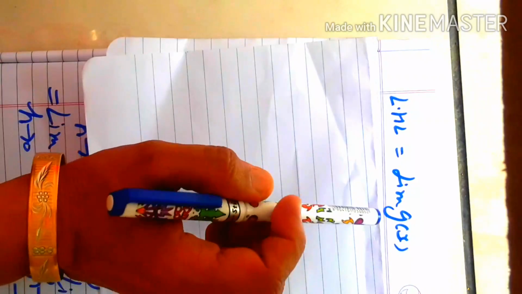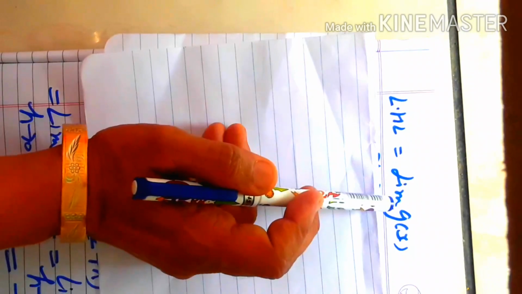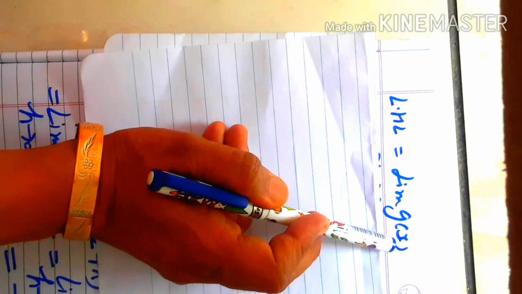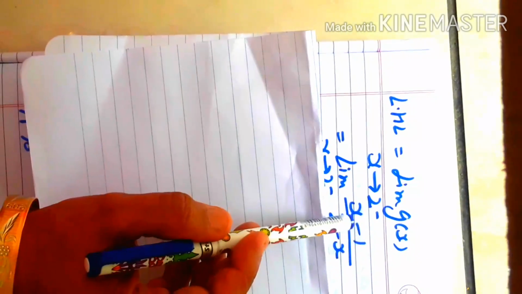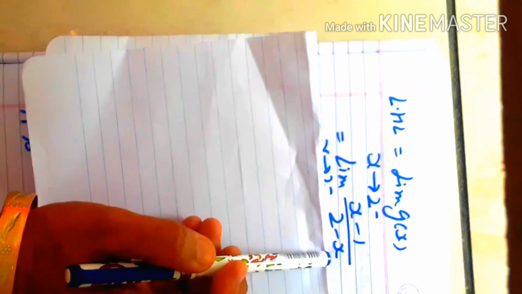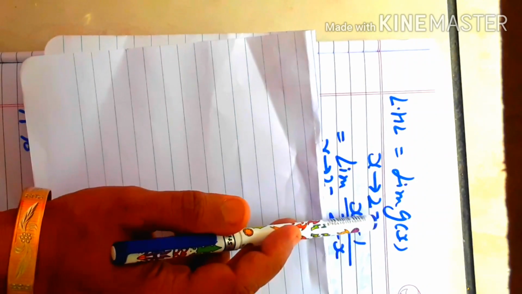Now let's check the left hand limit of this function g(x). g(x) is nothing but this function, x minus 1 upon 2 minus x, which we did on the previous page, as x goes to 2 negative.